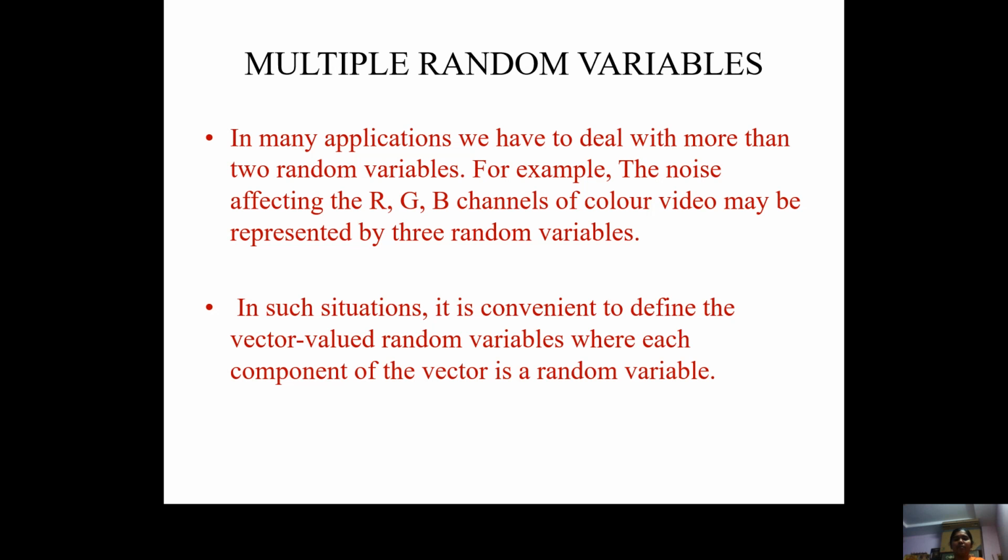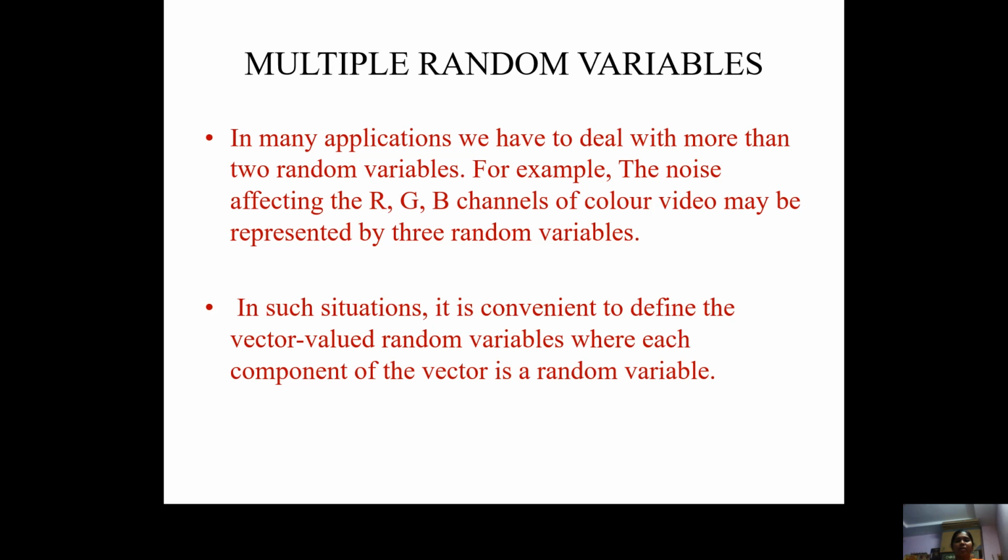Not only this, we also have to study communications. Many signals are transmitted through communication channels, and many types of noise can enter the channels, so those can also be modeled as random variables. Noise is mostly represented as Gaussian noise, so it is necessary to study multiple random variables along with Gaussian random variables.